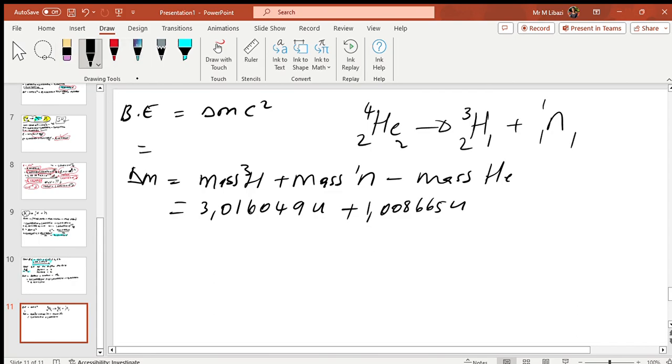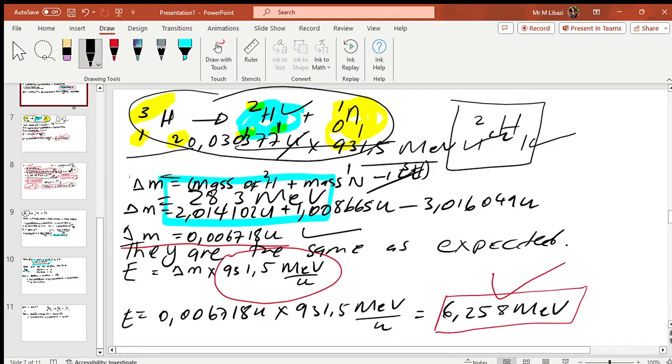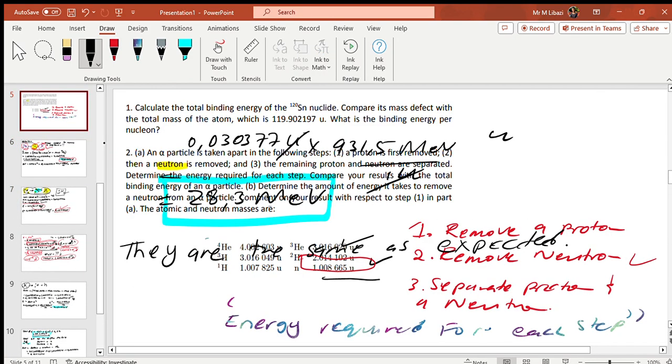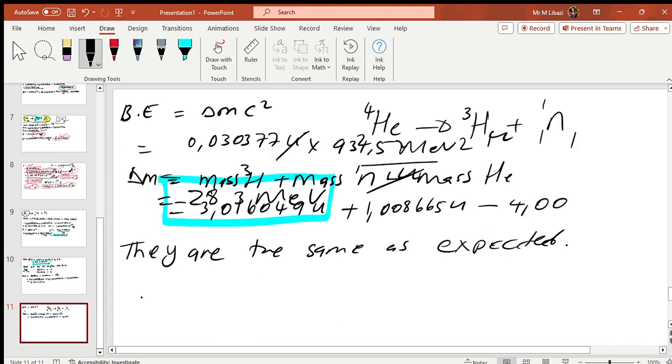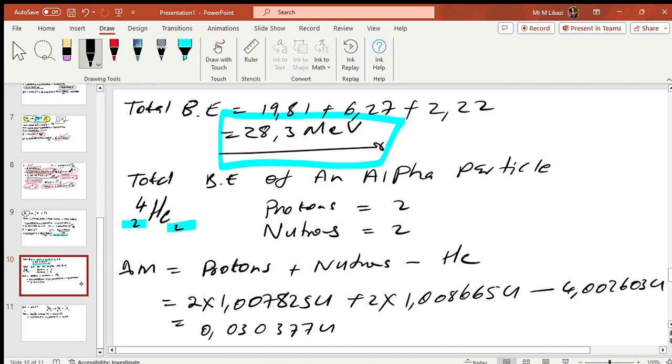So minus helium, and our helium was 4.002603.